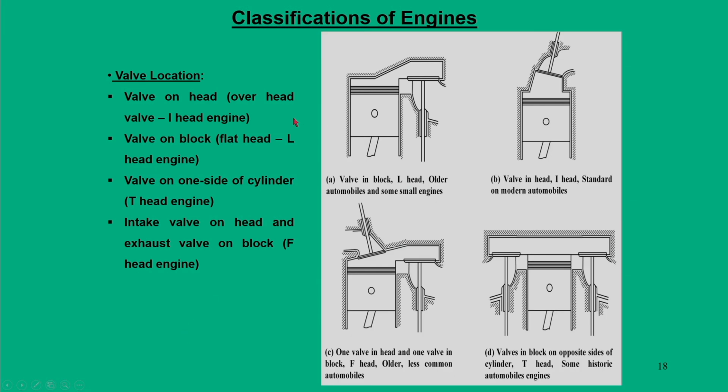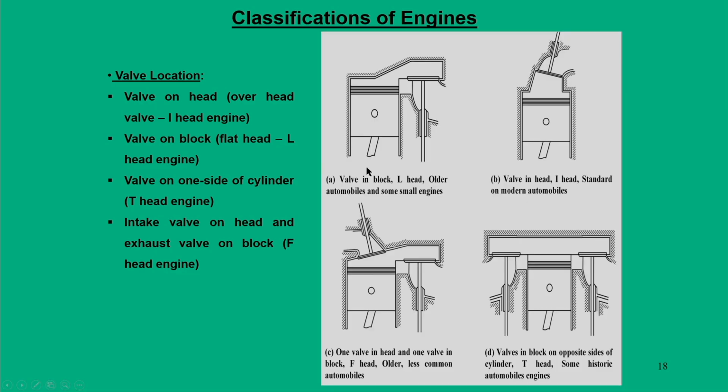The other classification goes in the form of engine geometry, where the location of the valve matters. Based on engine geometry, many manufacturers try to optimize their engine shape designs so that they can improve the engines for a larger range of operations.